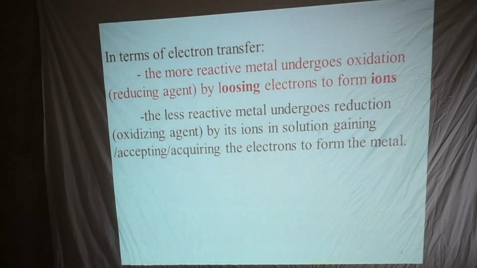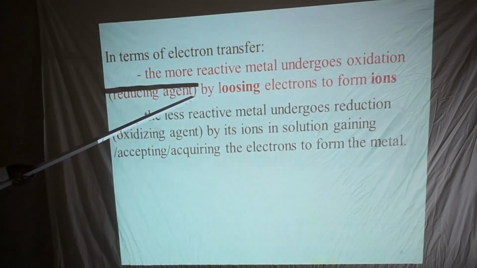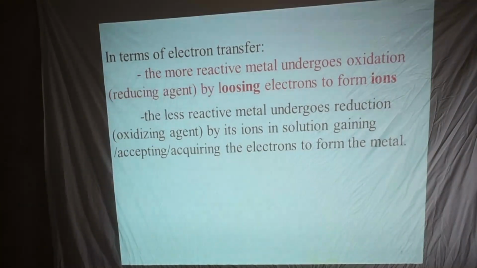Now, let's go ahead in terms of electron transfer. We want to explain this in terms of electron transfer. The more reactive metal undergoes oxidation. And what is the meaning of this? It loses electrons. In every element, the atom contains the same number of electrons and protons.